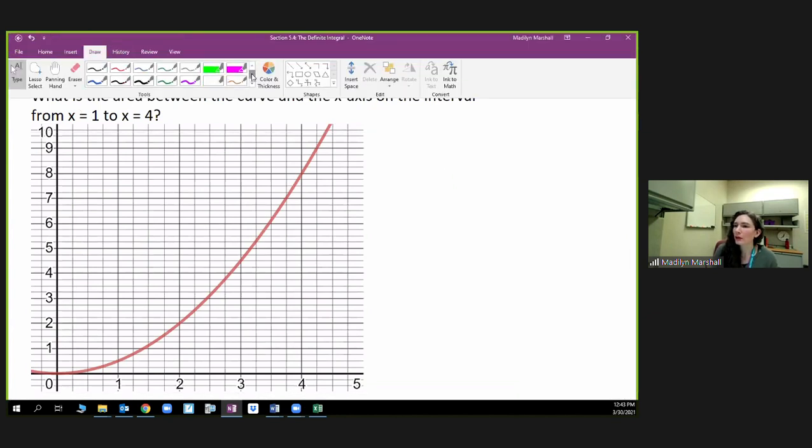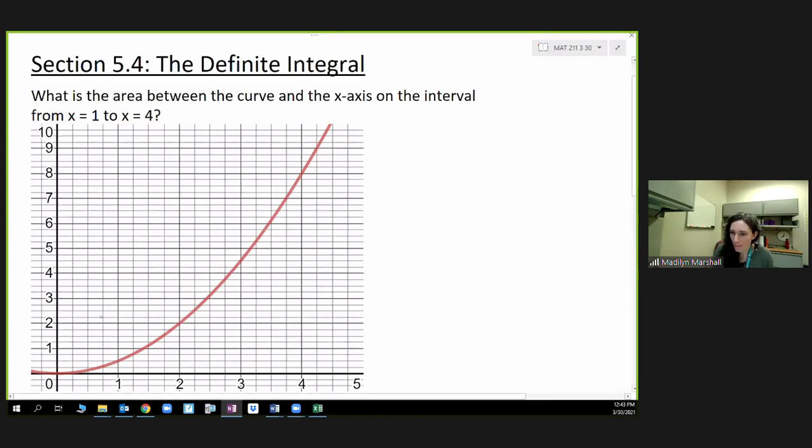So that would be from 1 to 4, and we're looking for the area between this curve that's drawn and the x-axis.